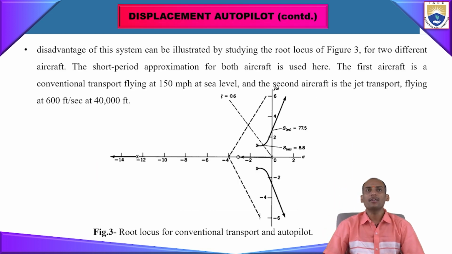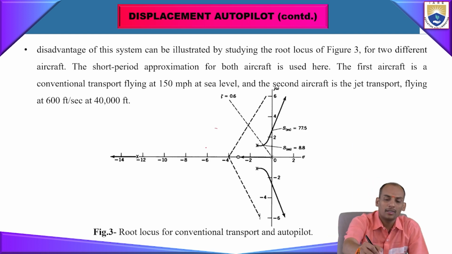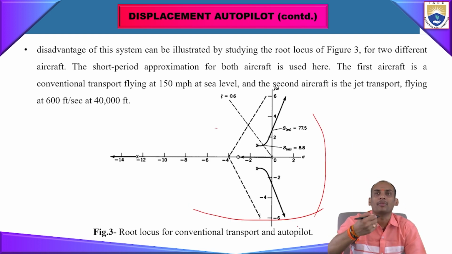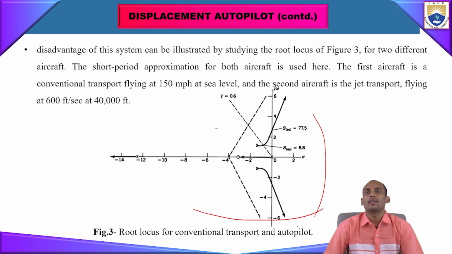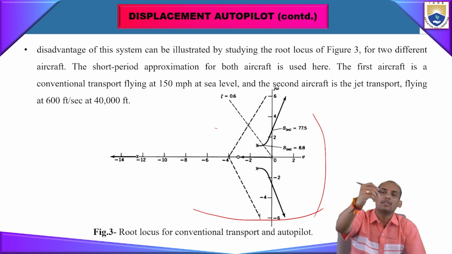Okay. So one disadvantage of this autopilot system, even though it is a fully established thing, is if you see the root locus of a transport aircraft. How did we get this root locus from the elevator servo function?